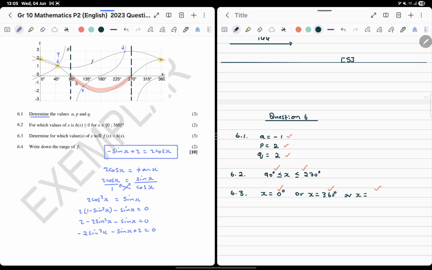Now, let's check the discriminant here. I don't know, guys, do you do the quadratic formula in grade 10? Because we studied the quadratic formula in grade 11. Sometimes I don't understand questions of this nature, guys.